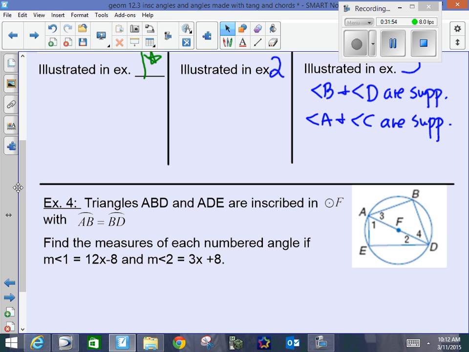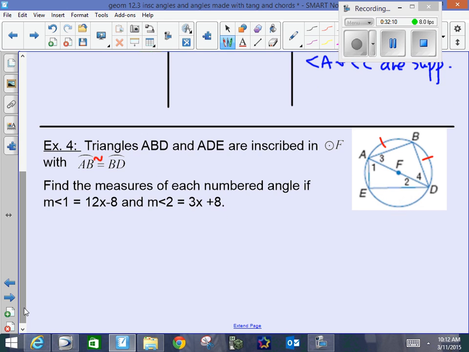Arc AB is congruent to arc BD. So before we get too far into the problem, tell me what you know now. In addition to those arcs being congruent, tell me what other things you know. Hannah?